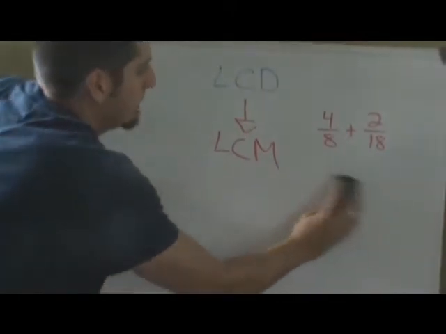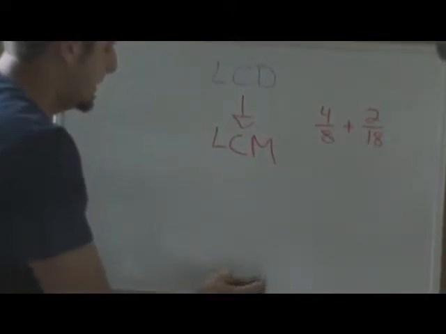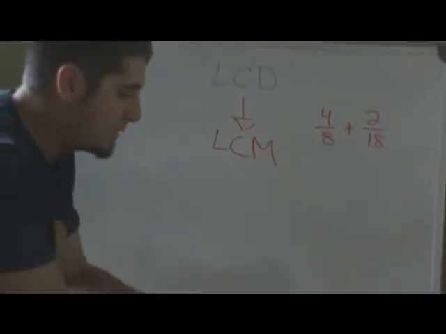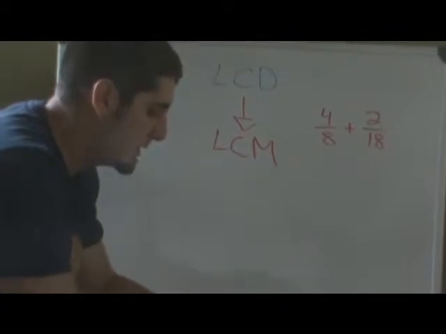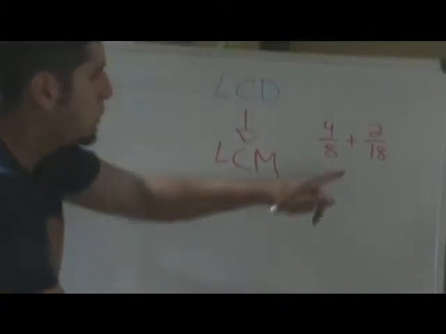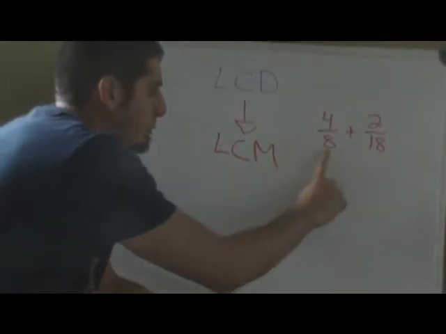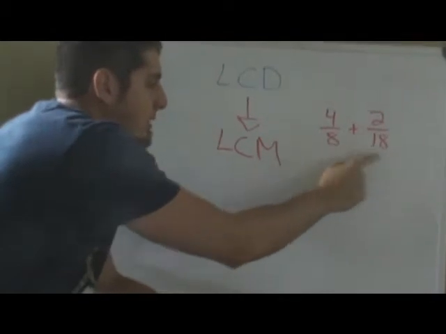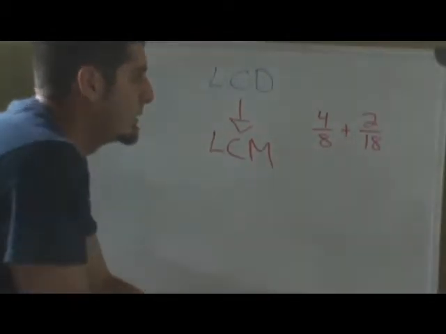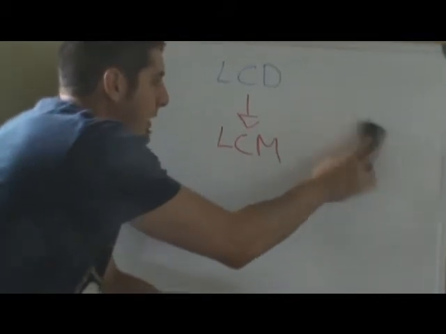So if you want to find the lowest common denominator, just look for the LCM. If you just want to find a common denominator, because you don't always have to find the lowest common denominator to add two fractions, an easy and quick way is to multiply the two denominators together, and that will be a common denominator. But we'll discuss that more in the next chapter.